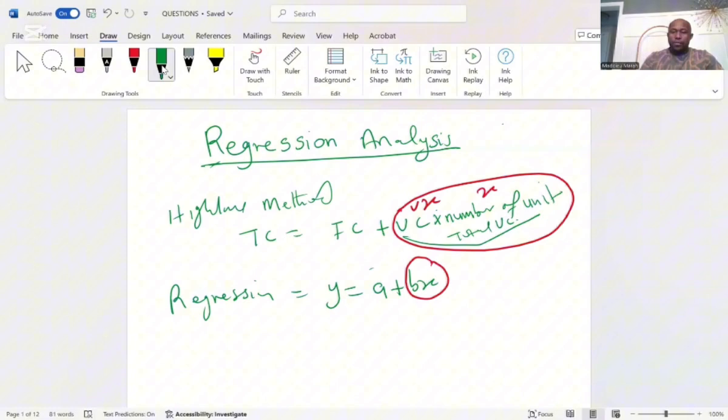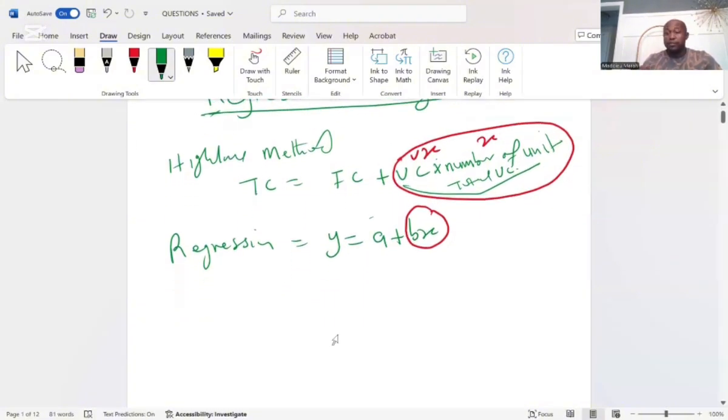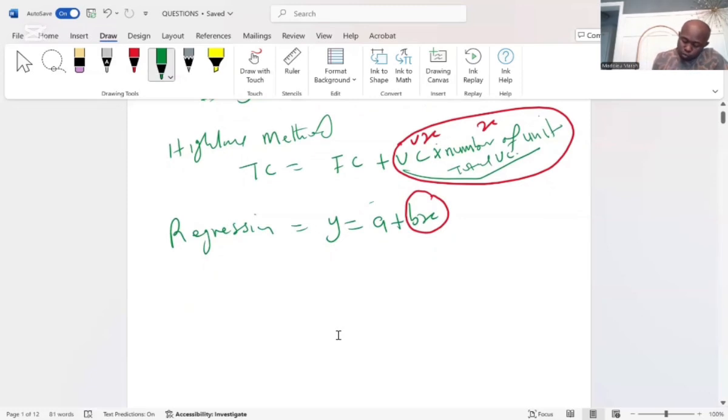All right? So now, how do we calculate a and how do we calculate b from the data? The formula for a is the sum of y divided by n, minus b multiplied by the sum of x divided by n.